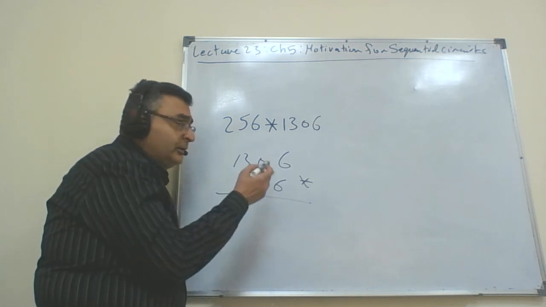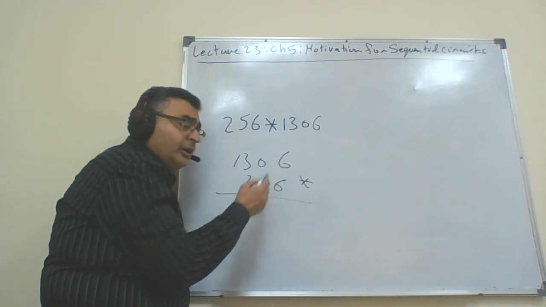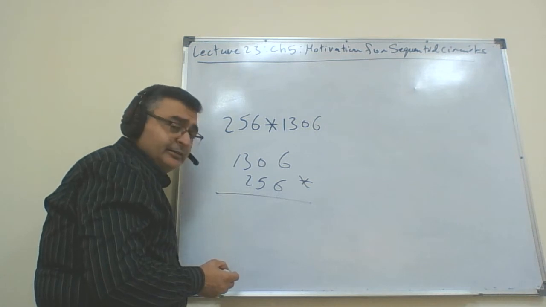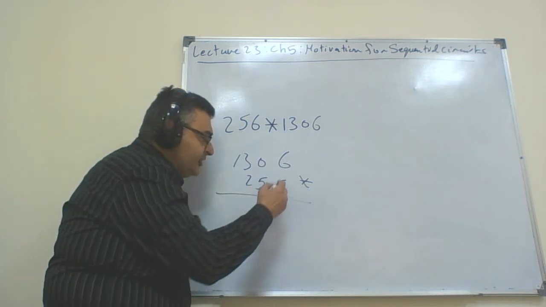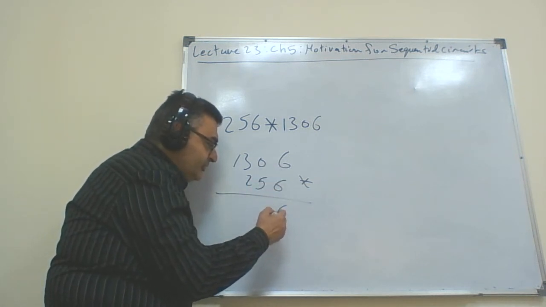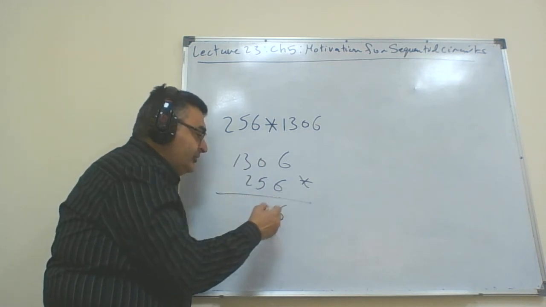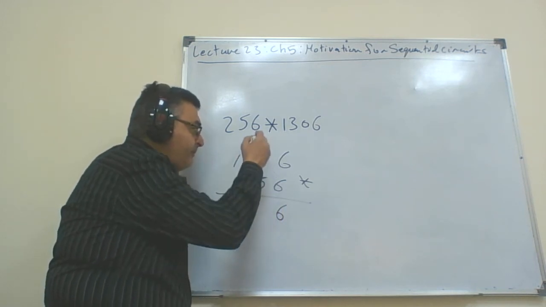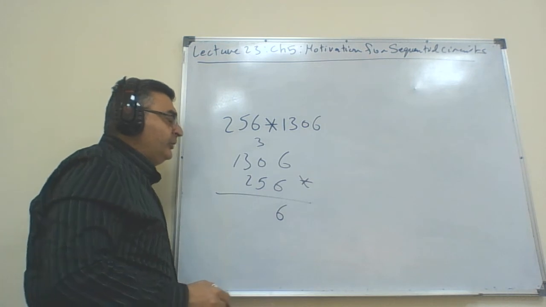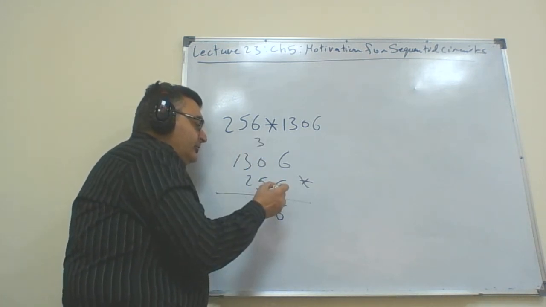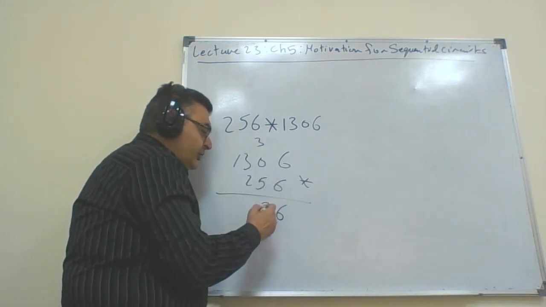First, you will multiply 6 by 6. 6 by 6 is 36. So you will have 6 and 3. Then you will multiply 6 by 0, so you will get 3.